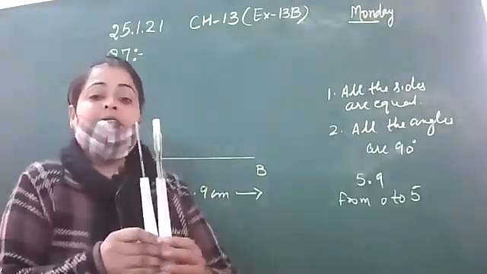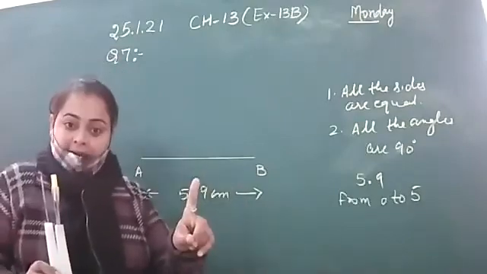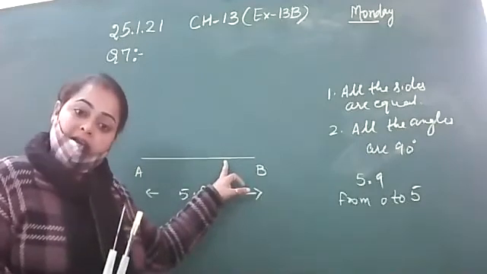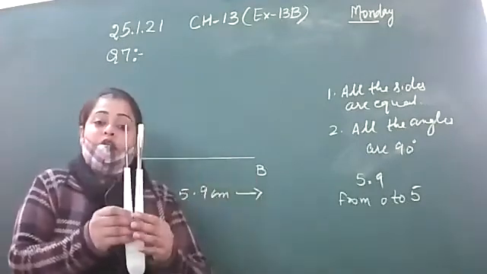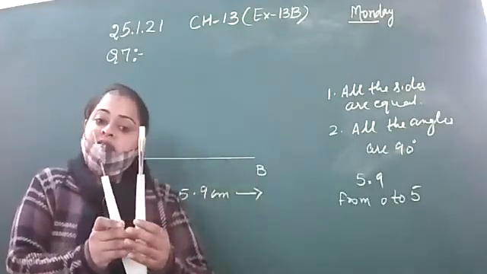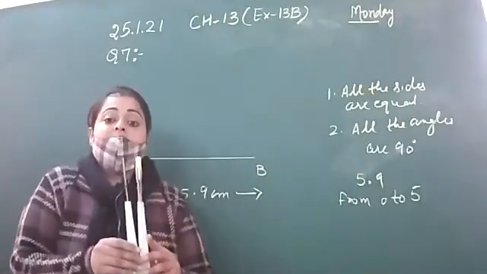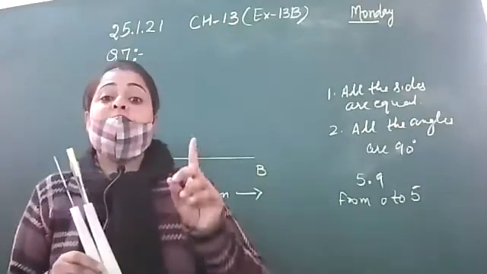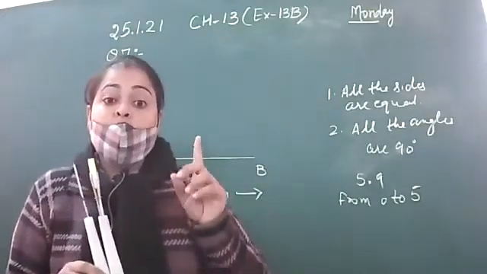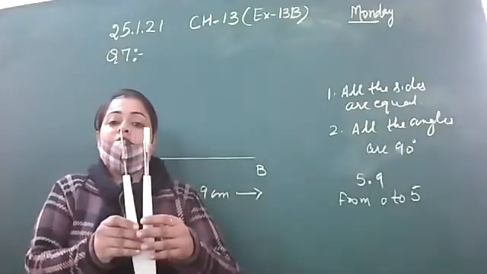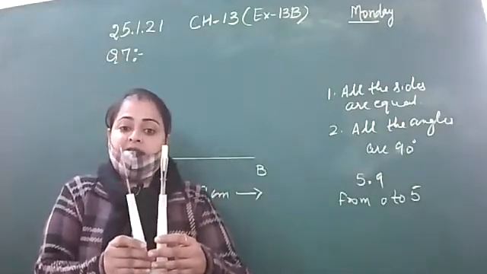Yes, we want a ray. The ray is already given in the book. Now, open your compass with any size. There will be no compulsion, but your compass must be of good size.